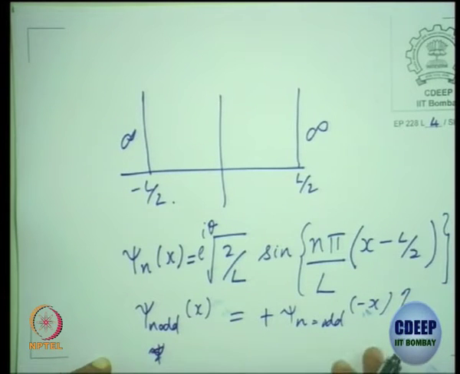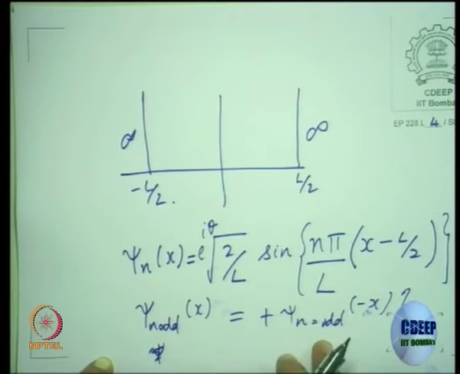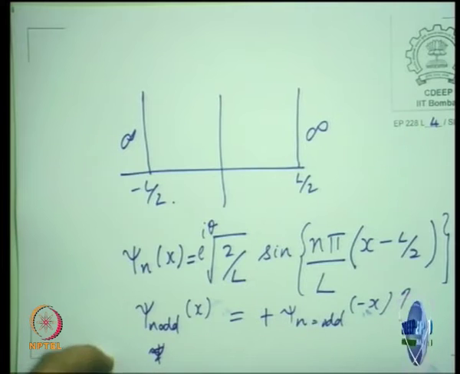What is the ground state? Ground state is n equal to 1, and ground state will be an even function, is what I said looking at the harmonic oscillator. The lowest energy state should not have a node at the origin, because if you put a node, then with continuity it will have a slope, the derivative or momentum will become non-zero, energy will become non-zero.